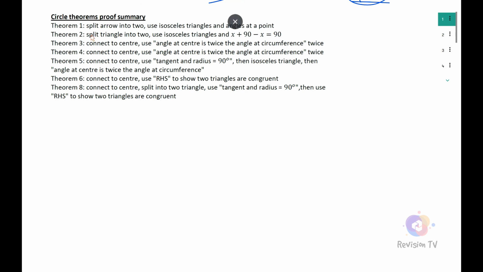For example, for theorem 1, you can remember it as S and then I and then A. Or if you don't like to use the word angle, you can use point, because point probably means more. So this becomes the word SIP, S-I-P. So if you remember theorem 1, SIP, S means split, I isosceles triangle, and P point. So that's how you can remember theorem 1.